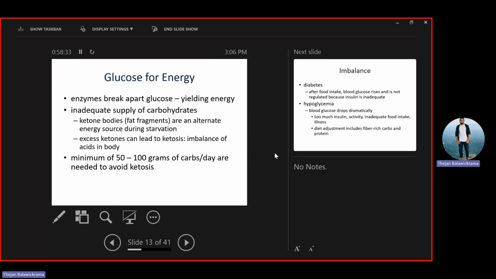In the future, we will talk about how it happens with lipids. So anyway, when carbohydrates are not available, when aldoses are not available, the energy is supplied with the aid of fats, basically.